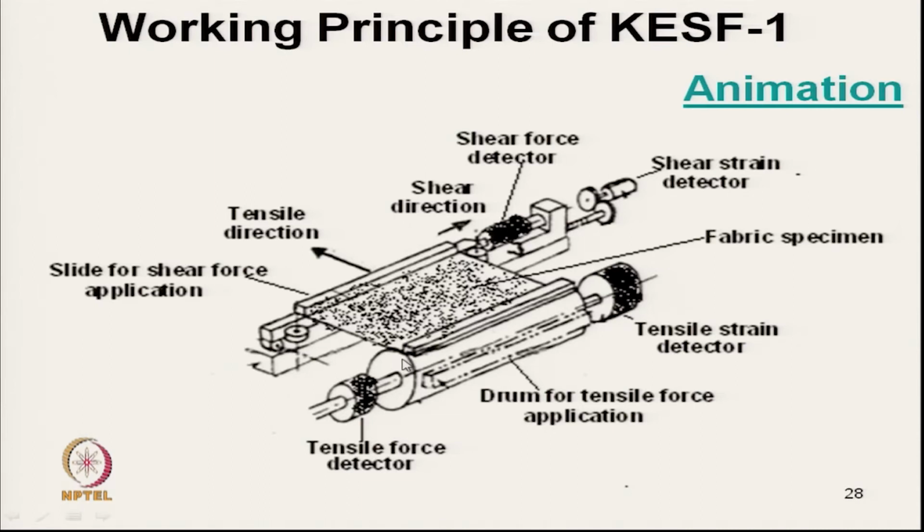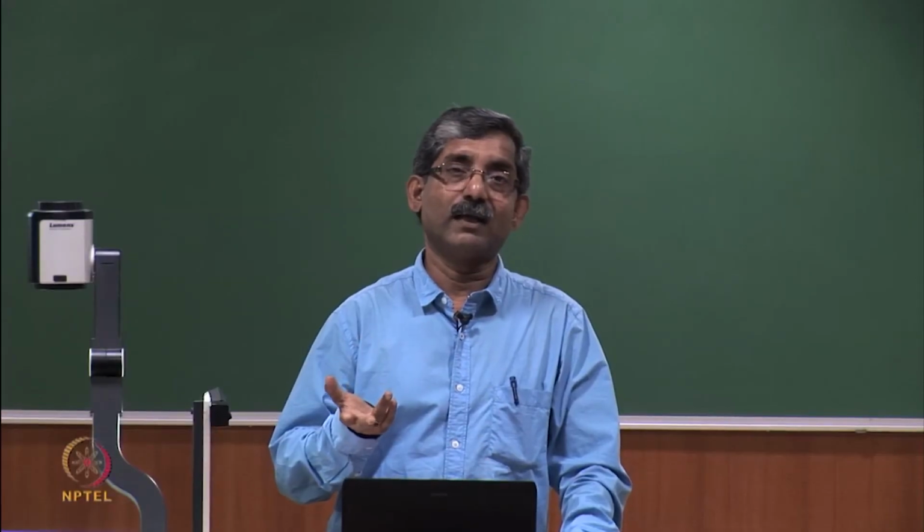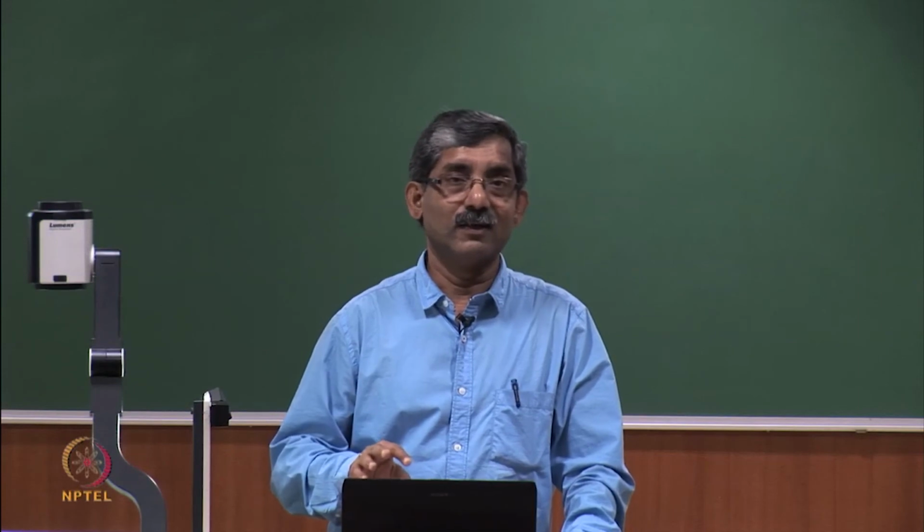Similarly, once this instrument works on sliding mode, that is to measure the shear, in that case the drum will be stationary. So, one should remember, in this instrument although we measure both tensile and shear, they are not simultaneous.